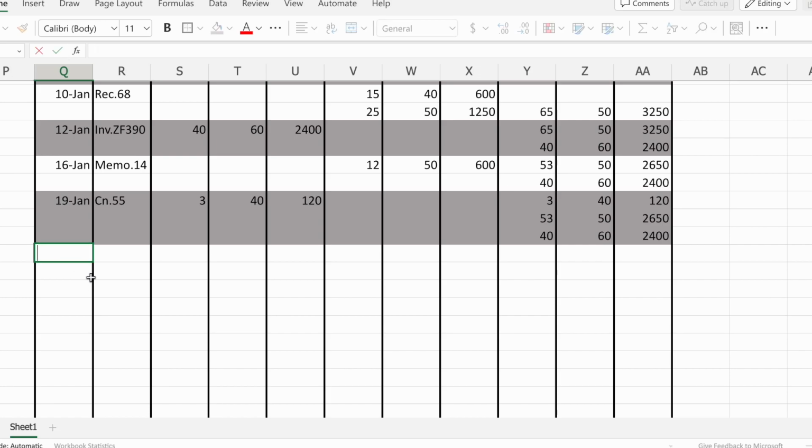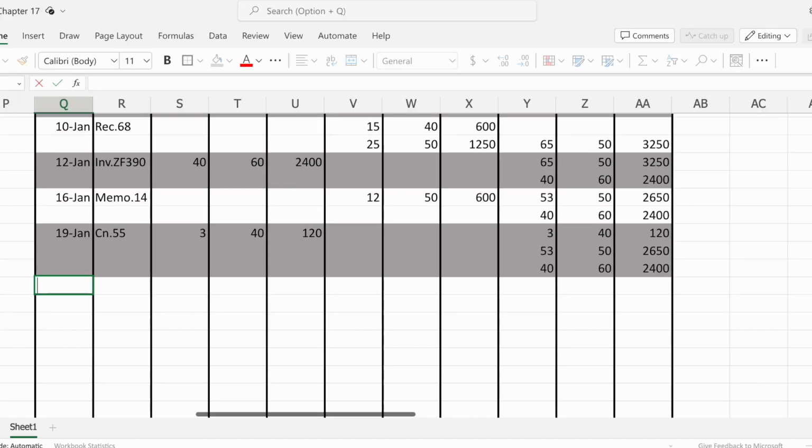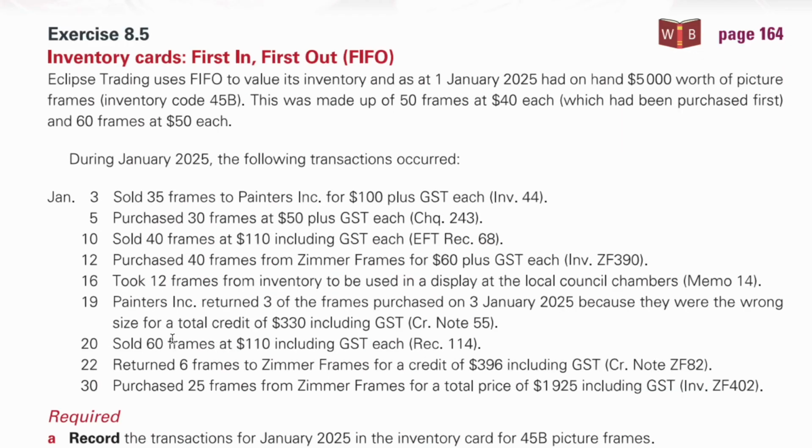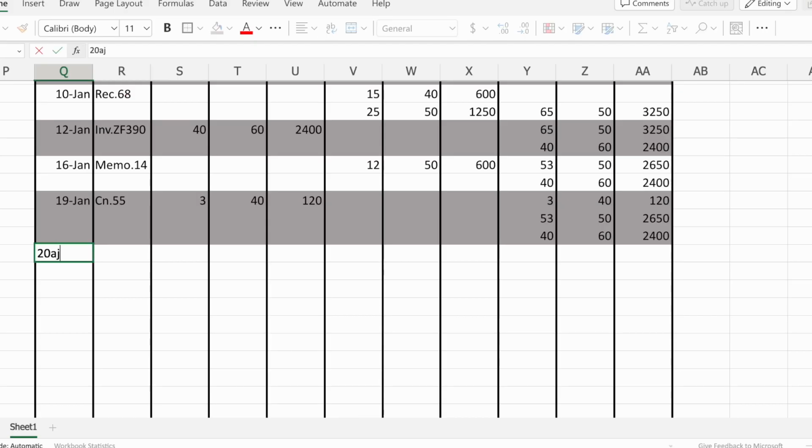Alright, so to the next transaction now, which is on the 20th, I think. Yep. So sold 60 frames at 110, including GST. So receipt 114, 20th of Jan. Okay.